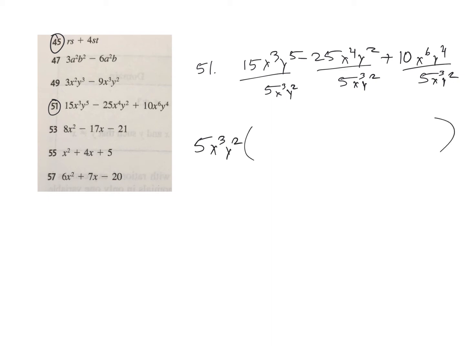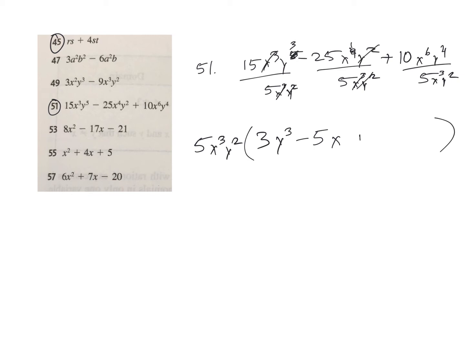So now the question is, what's left? So the x cubes reduce out on the first one. 15 over 5 is 3. And 2 of these y's reduce with 2 of those, leaving y cubed. Next, 25 divided by 5 is 5. And 3 of these x's reduce with 3 of those x's, leaving 1 x, and the y squareds reduce to 1.